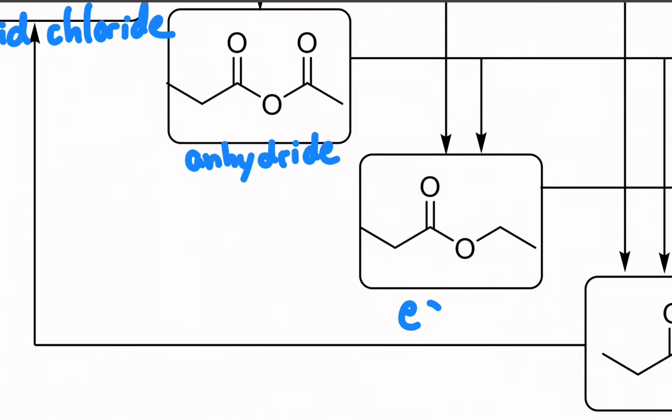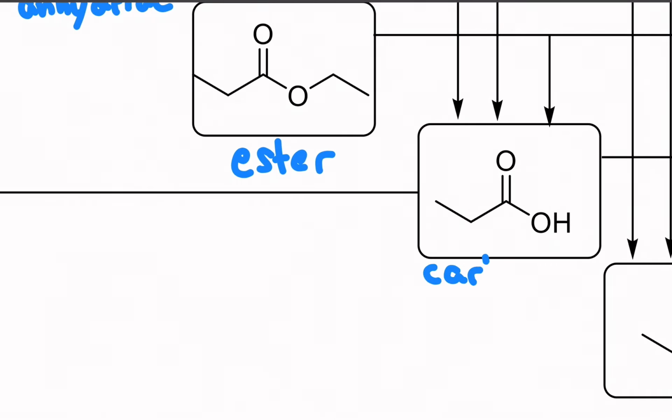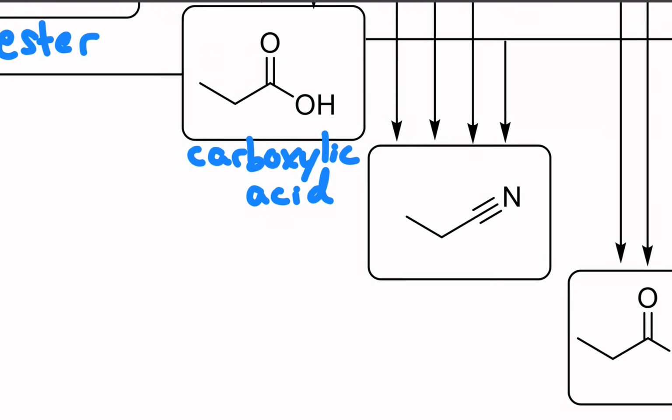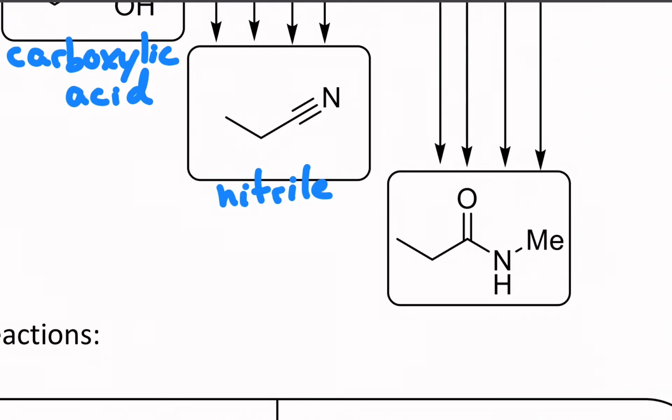Then we get to an ester. And the one we've been working with a lot after that, a carboxylic acid. Then one we've seen a little bit as well in the ketones unit, the nitrile. And lastly, one we haven't seen too much of at all, the amide.